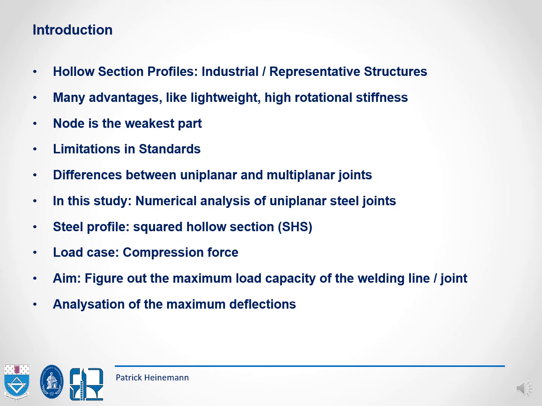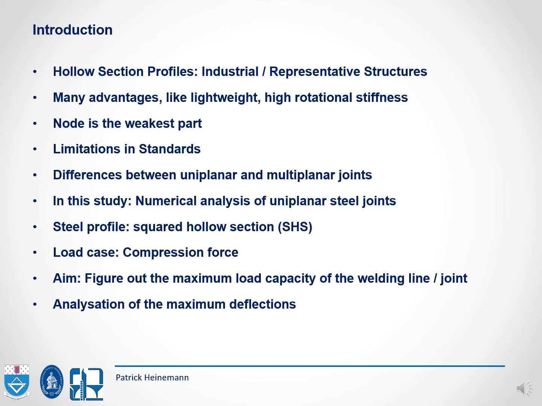Today in this presentation I want to show you a numerical analysis of a uniplanar steel joint. It is made out of a vertical pipe, and on the top there are two members connected with a welding line and a different angle. So you can imagine the structure somehow like a column.